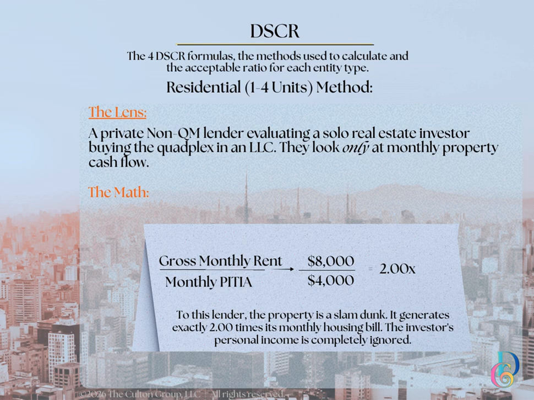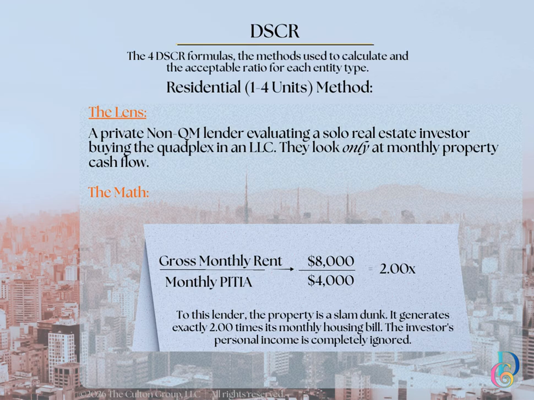The lens that we're looking through is a private non-QM lender. Non-QM means non-qualifying mortgage. Non-qualified mortgage lender. Evaluating a solo real estate investor buying the quadplex in an LLC. This is the one that I said earlier was a B2B transaction.